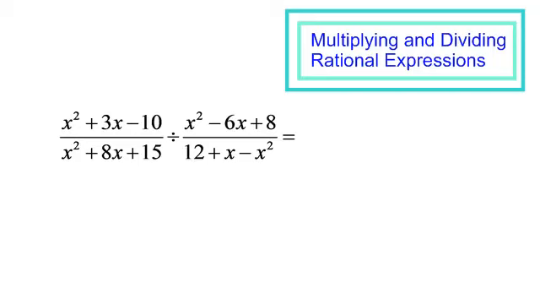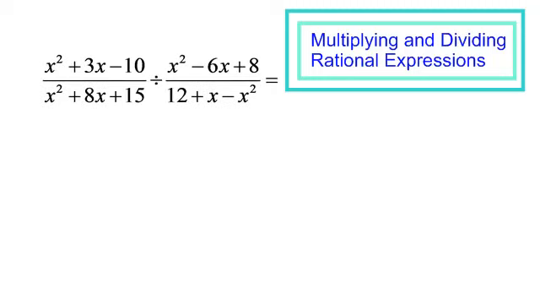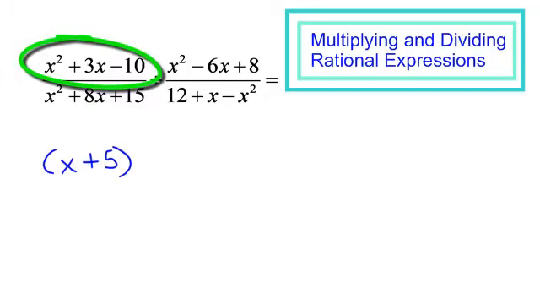And would you look at the factoring needed? In the first fraction, x squared plus 3x minus 10, I will factor that into x plus 5 times x minus 2.